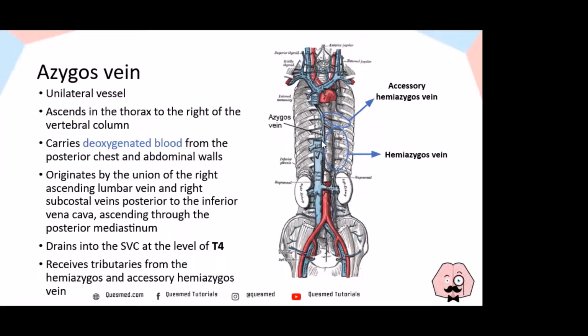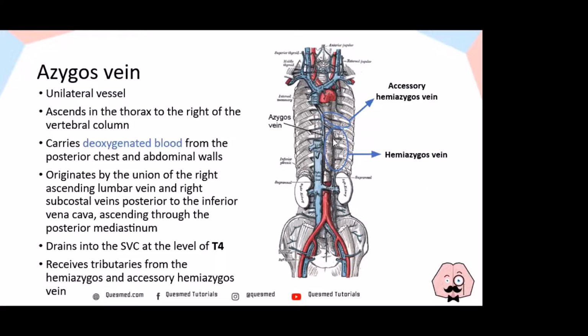And it carries deoxygenated blood from your posterior chest wall on the right and your abdominal walls, predominantly on your right. And as I said in the lung lecture, it curves round your right main bronchus at roughly the T4 level, and then it attaches into the posterior part of your SVC and returns blood that way.